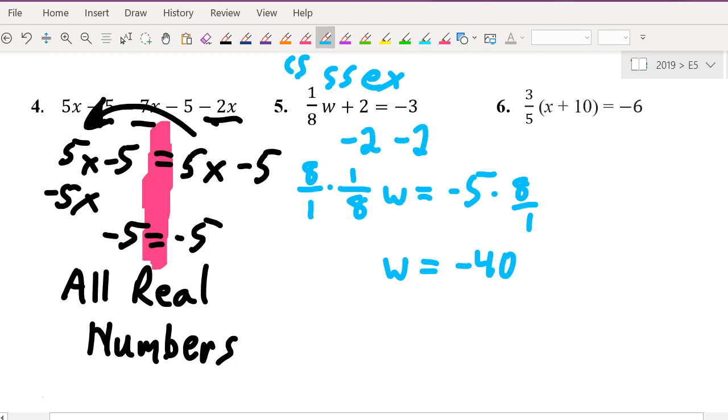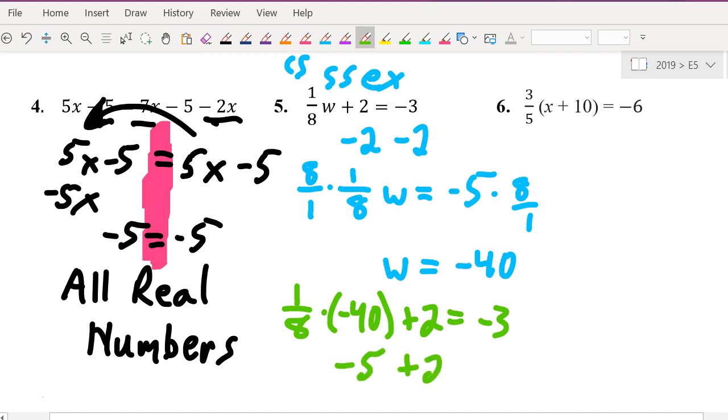Okay, good. So let's test it though. 1/8 times negative 40 plus 2 should equal negative 3. Well, let's see. What's 1/8 of negative 40? Negative 5 plus 2 equals negative 3. Hey, it worked! Yay!